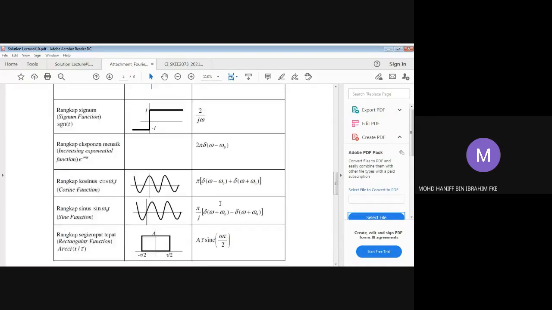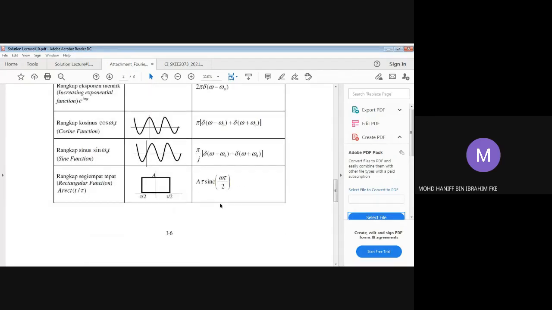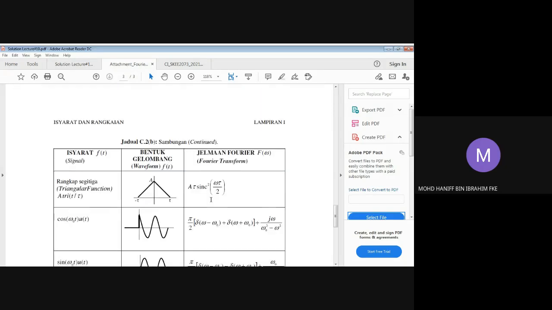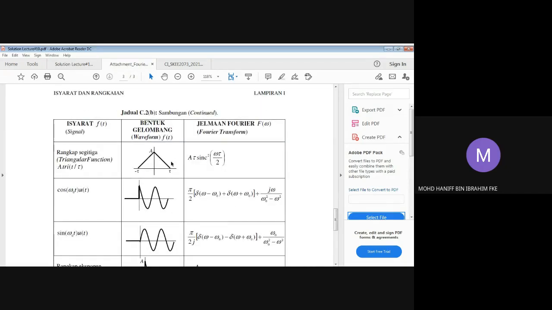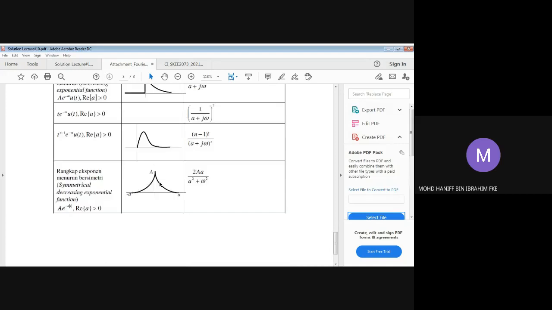And these are the list of signals, including the rectangular function. If we have a rectangular function, its respective Fourier transform will be the sinc function. The same thing happens for triangular functions, up to symmetrical decreasing exponential functions.